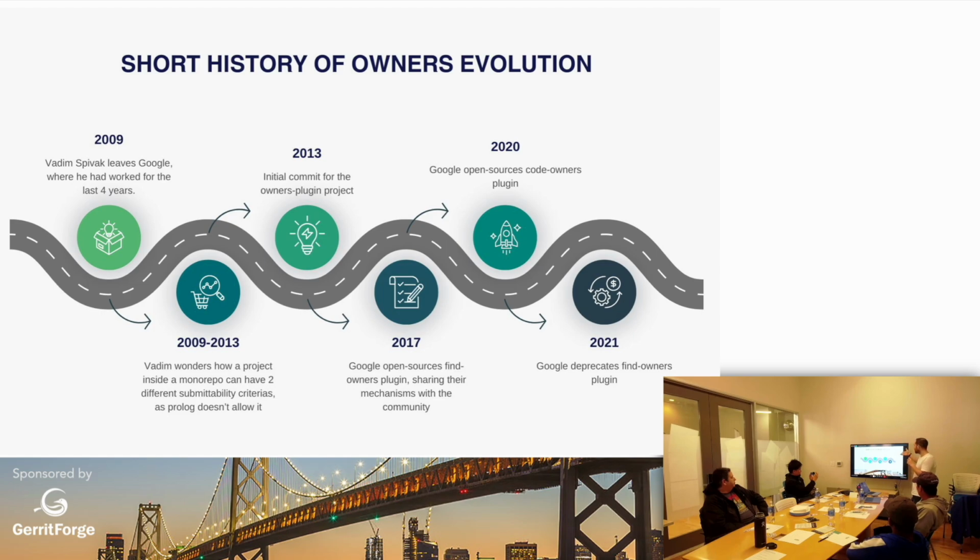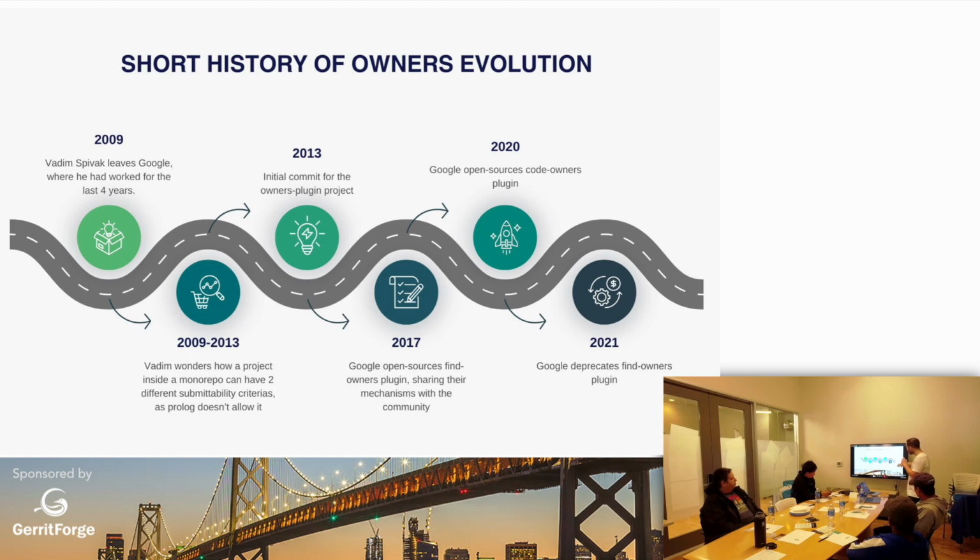And between 2009 and 2013, we can only assume that he wanted a way of managing this situation that I just described with the different teams in a way that wasn't really available at the time. And so he figured out a way of doing it, reproducing what they had internally in Google that hadn't been open sourced yet. And in 2013, he started this owners plugin project and did the initial commit for it.